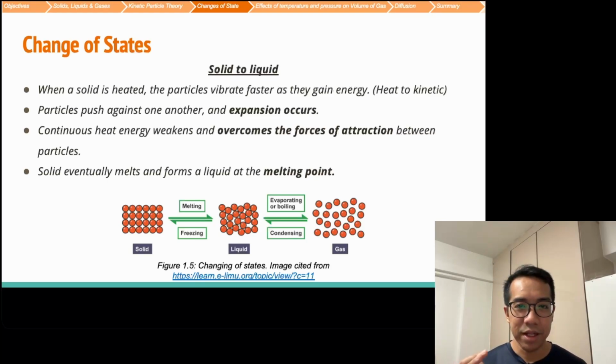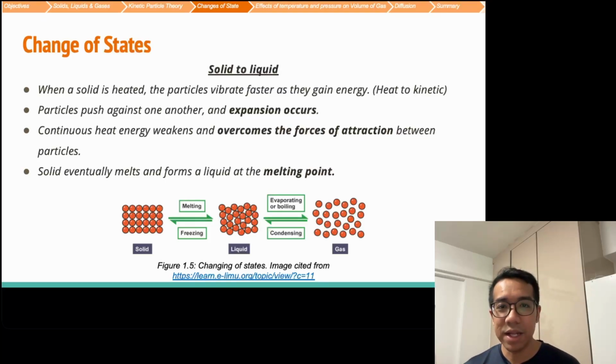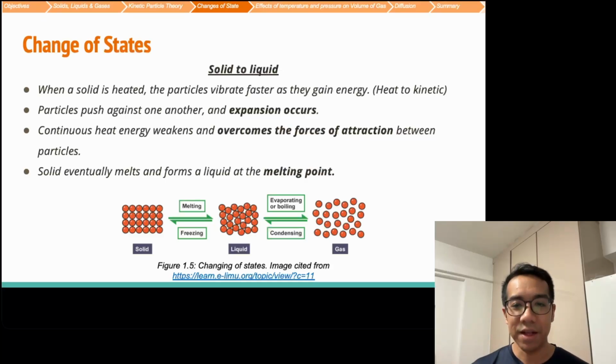Now, the keen observers might notice that slipping and sliding over one another is something that particles do when they are in the liquid state. Excellent.